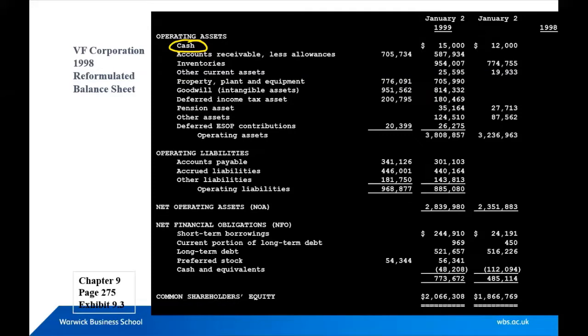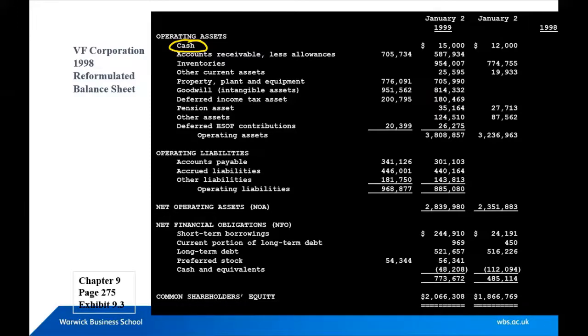Sometimes you will see that it has been mentioned cash and cash equivalent. So cash equivalent indicates something which has been maintained in some short-term account, like a current account. Okay. So usually cash balance, when it is only cash, it is treated as an operating asset.